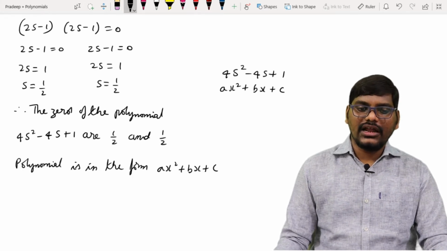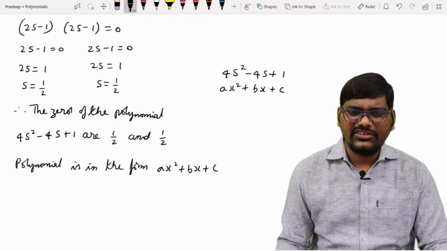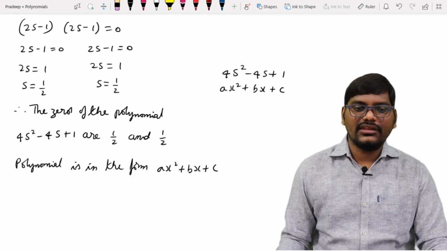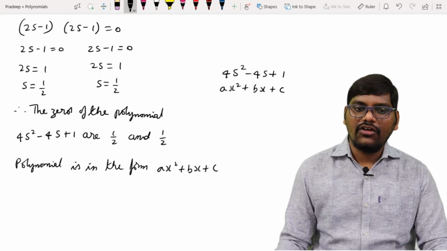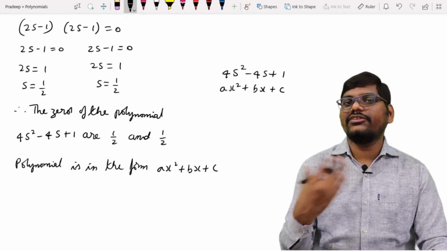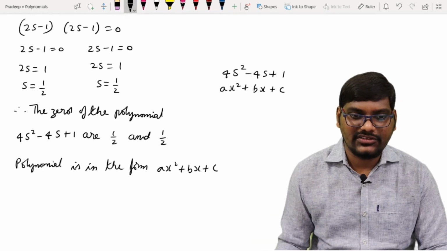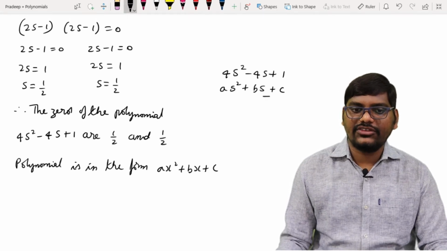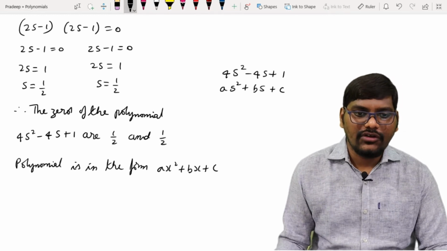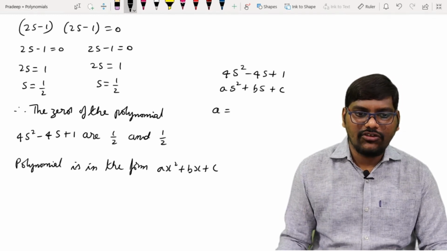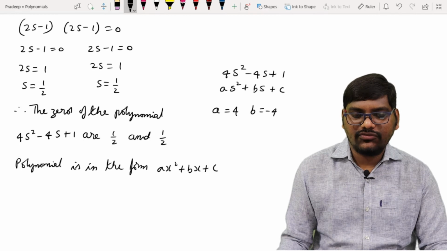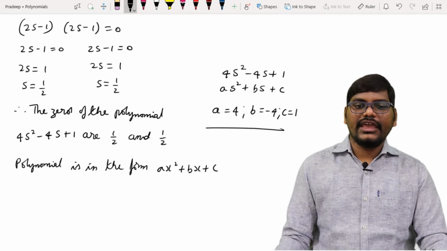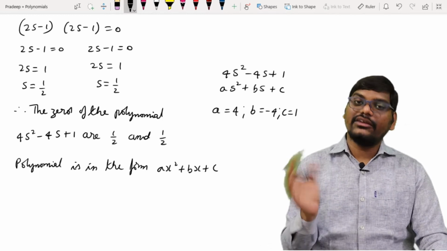If we compare them, even though I'm writing the general equation in terms of x, we can write it in terms of s also; it doesn't matter, both are the same. I can write as square plus bs plus c, both are same. So the values I'm getting here are a equal to 4, b equal to minus 4, and c equal to 1. These are the a, b, c values from the given equation.